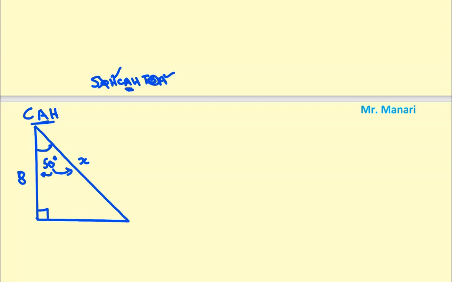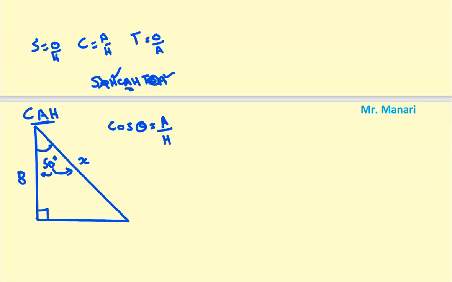So we remain with cos. Cos theta is equal to adjacent over hypotenuse. Remember, all of them: SOH is sine, opposite over hypotenuse; CAH is cos, adjacent over hypotenuse; and TOA is tan, opposite over adjacent. Those are their ratios.